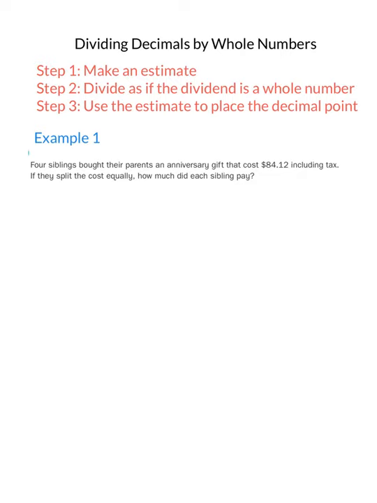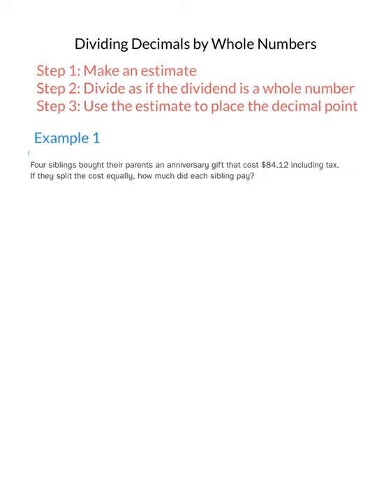So the example I have here: 4 siblings bought their parents an anniversary gift that cost $84.12, including tax. If they split the cost equally, how much did each sibling pay? So step number 1 tells us to make an estimate. So the first thing we need to do is decide what our number model for this division problem is even going to look like.